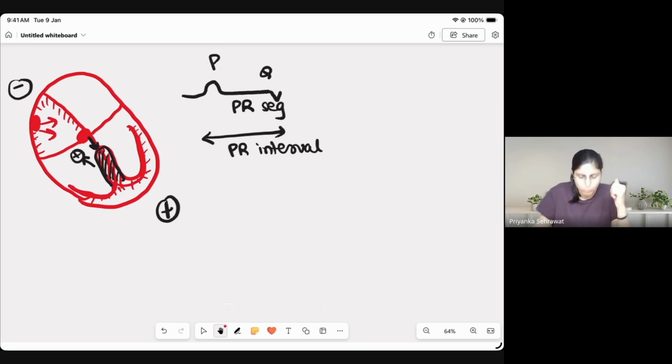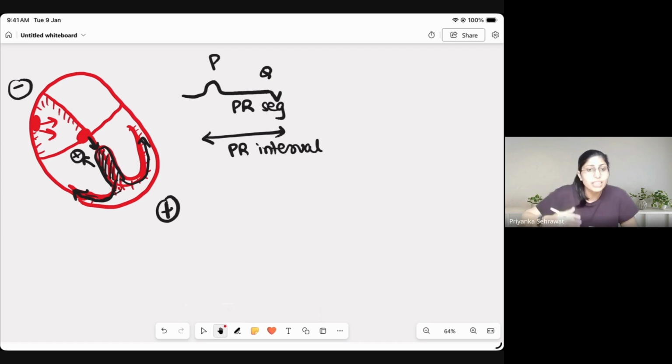After the septal depolarization, the major ventricular depolarization occurs. These are the cells that are present in large numbers and with big muscle fibers, so they lead to major ventricular contraction and we get a higher amplitude waveform.